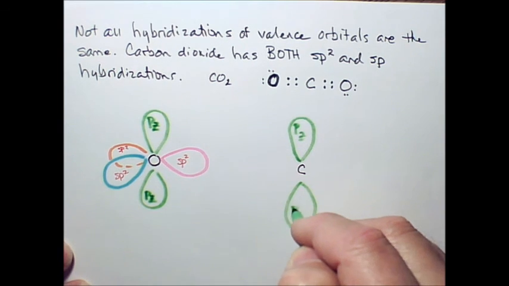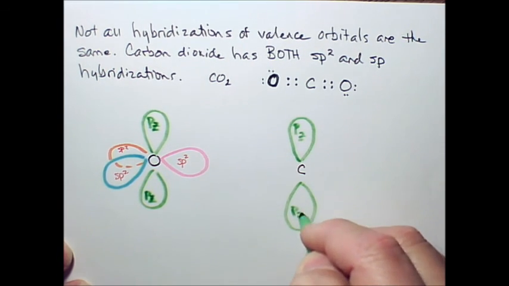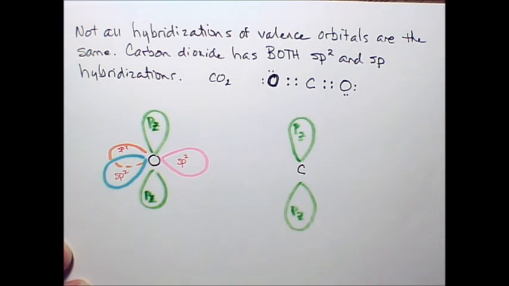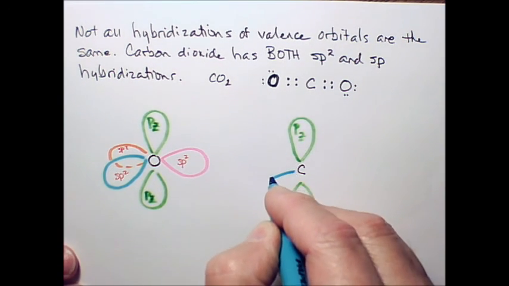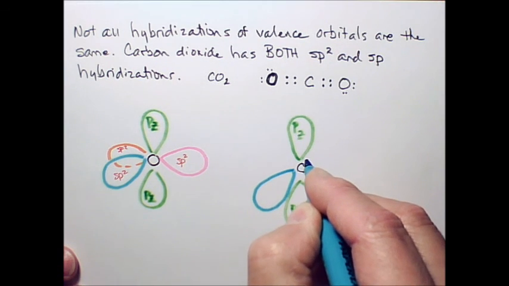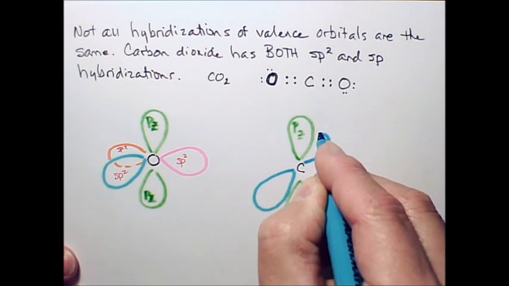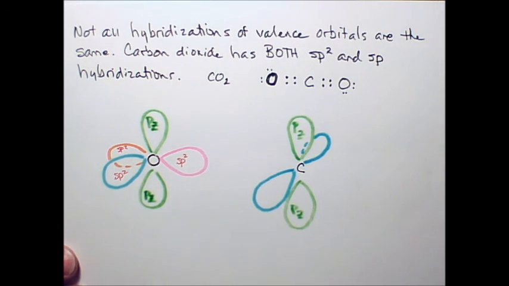Leave pz unhybridized. Let's also leave py unhybridized. I'm going to make that a blue one here. So we've got to leave 2 p orbitals unhybridized, a pz and a py.